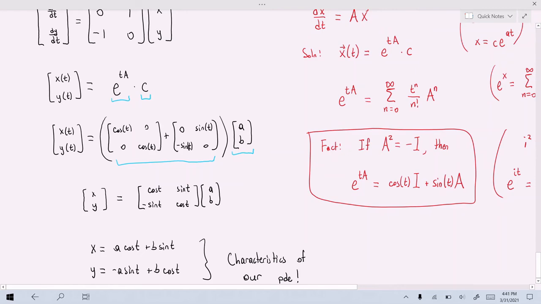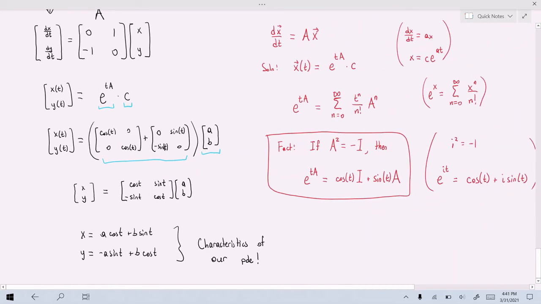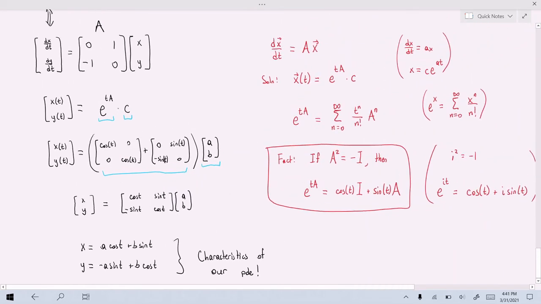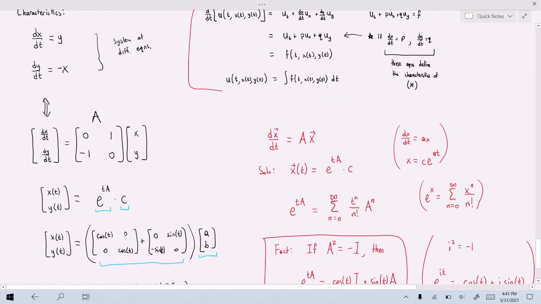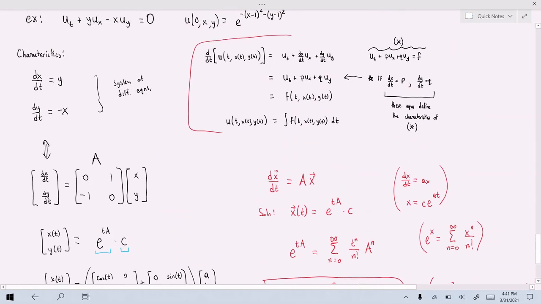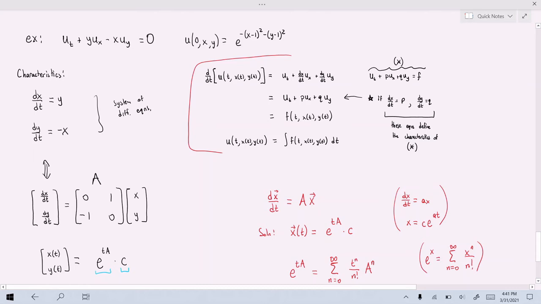All right, so let's scroll up a bit. Now that we have found our characteristics, what are we going to do? Well, we're going to use this fact again: the solution to our PDE, evaluated along the characteristics, will be equal to the integral of the right-hand side of our PDE.